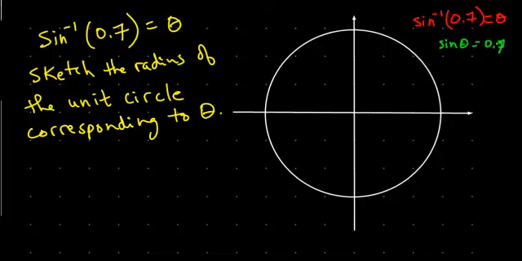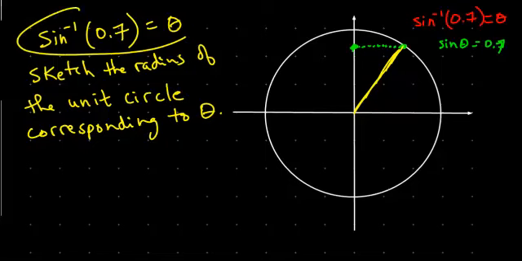So theta is an angle such that when we sketch the radius, its y coordinate is 0.7, somewhere up in here. You get the y coordinate, so you march right along over here, and that's where the radius is drawn. That would be a sketch of the radius of the unit circle corresponding to theta, where theta equals the inverse sine of 0.7.